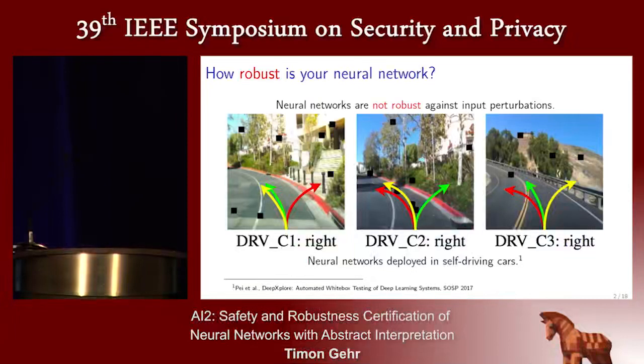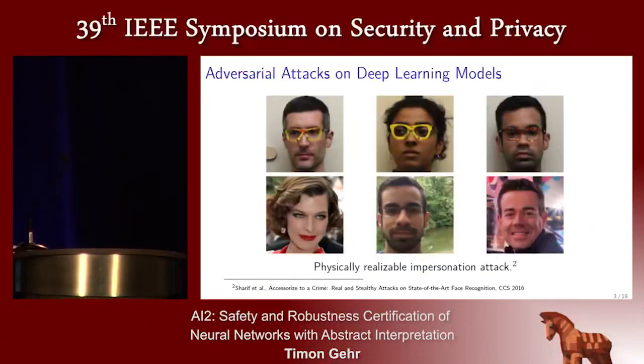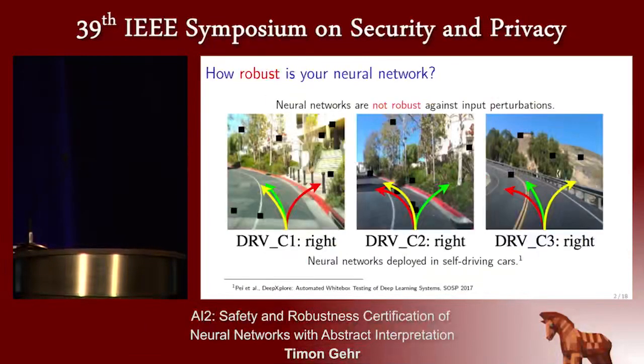But we have three neural networks, the yellow, the green, and the red one. And one of those actually disagrees and tells us to go to the right. To be fair, somebody was a bit evil here and actually modified those images. So you can see some black patches, and those are responsible for those misclassifications. But of course, we don't want this because as humans, we can see you should go left.